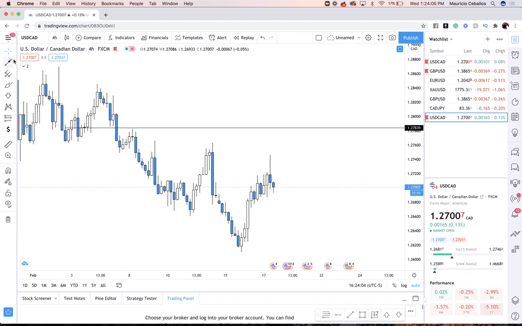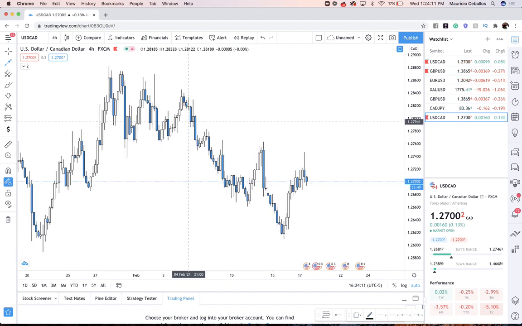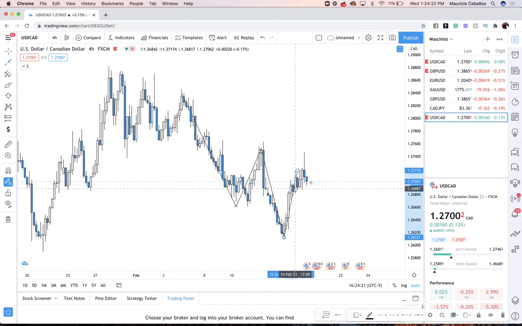Right here, I want you guys to take this into consideration. We are on the 4-hour time frame, and as you can see, we've been having some really good bearish moves. We were looking for potential bearish moves in this zone.